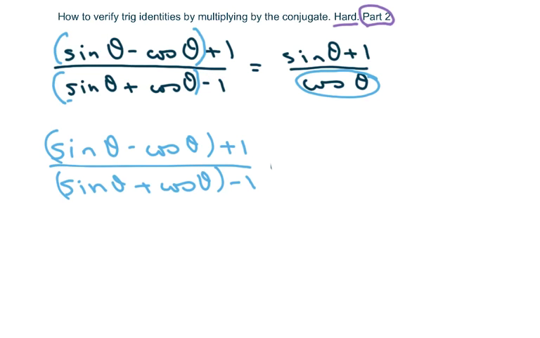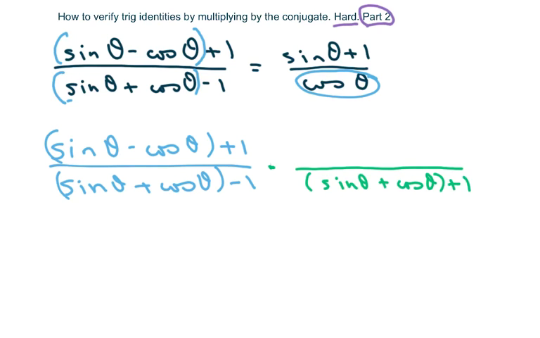And we're going to multiply by the conjugate for the denominator. So that's going to be sine of theta plus cosine of theta plus 1.